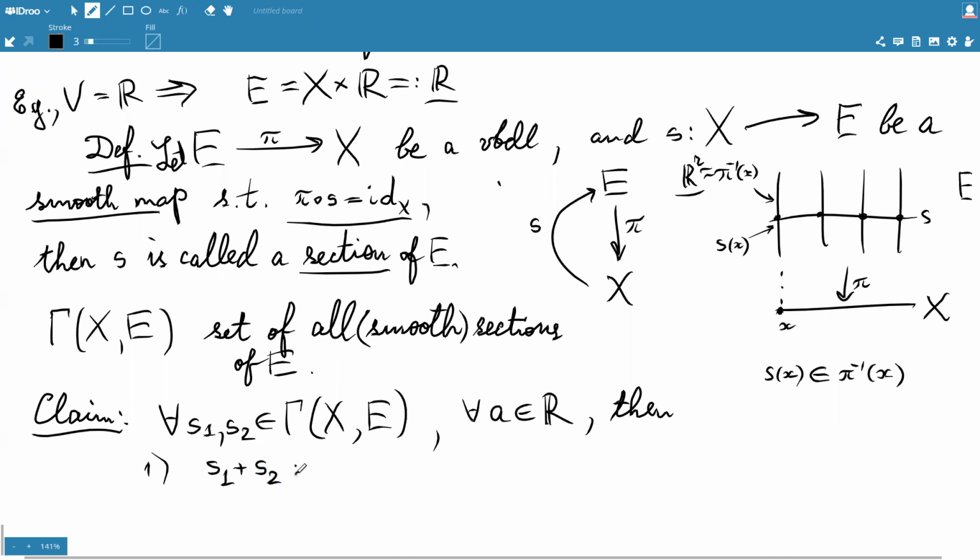As any section, it is a map from X to E, sending for each x, S1 plus S2 of x. I have to define this for any x. By definition, I just take it as I do with usual functions. I add them pointwise.